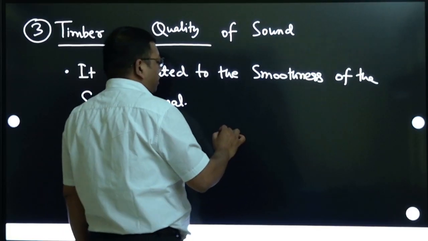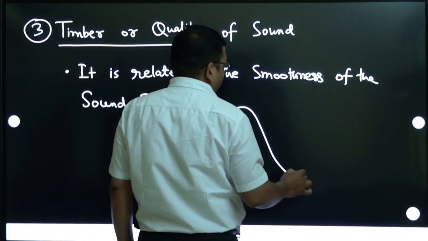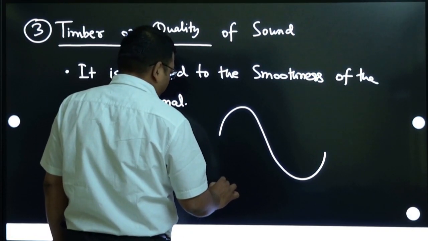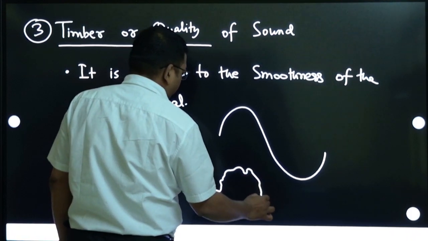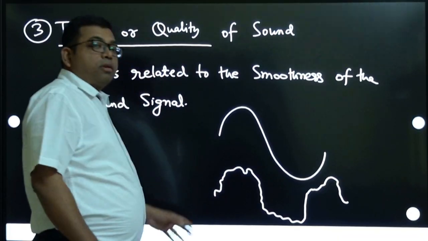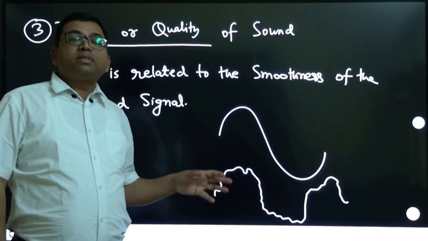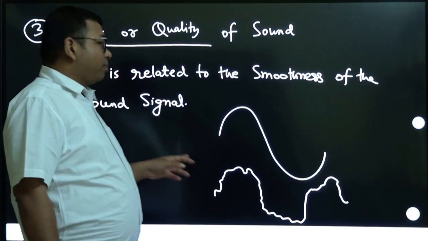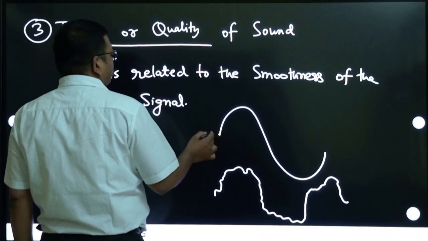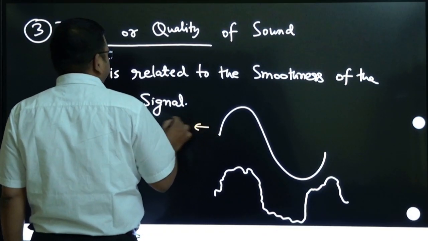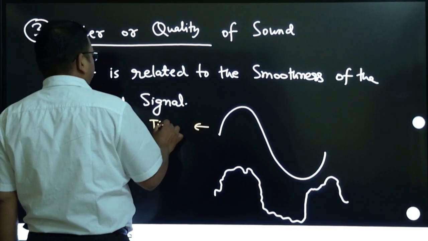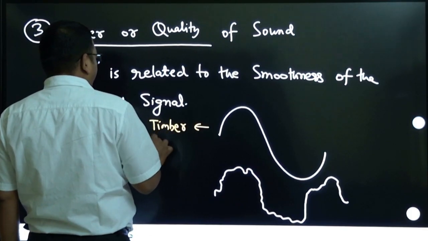Suppose you take a wave like this way, and you take another wave which is like this way. Both are sound signals, sound waves, but this first one is a smooth graph, so this is known as high timbre or high quality.